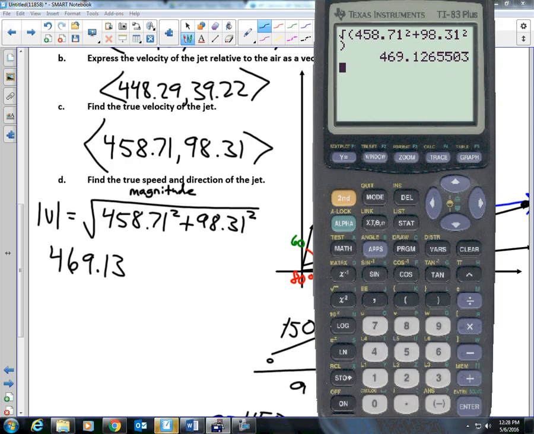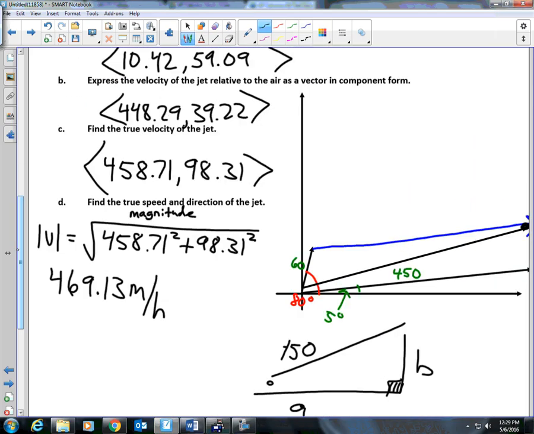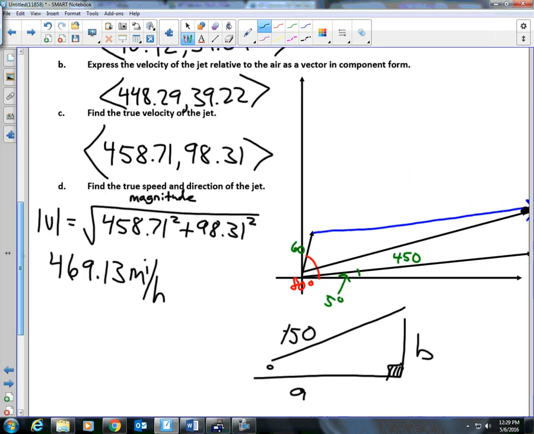What's our speed labeled in? Miles per hour. So, originally we were told that the airplane was headed at 450 miles an hour. The fact is it's getting a little bit of help from the wind. It's actually traveling 469 miles an hour. That's a little bit of a difference. That's something we want to know. An extra 19 miles an hour is going to affect things. So we got miles per hour.